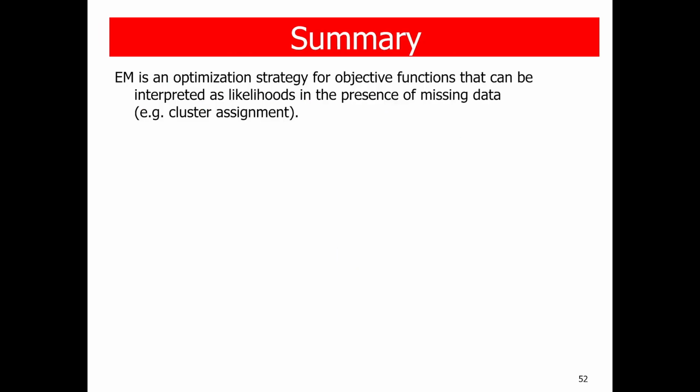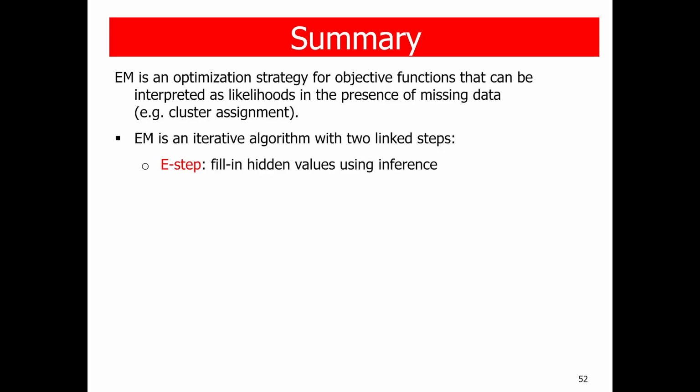We discussed that EM is an optimization strategy for objective functions that can be interpreted as likelihoods in the presence of missing data, such as the cluster assignments in the mixture of Gaussians model. The expectation maximization is an iterative algorithm with two linked steps. In the E step, we fill in the hidden y values using inference.